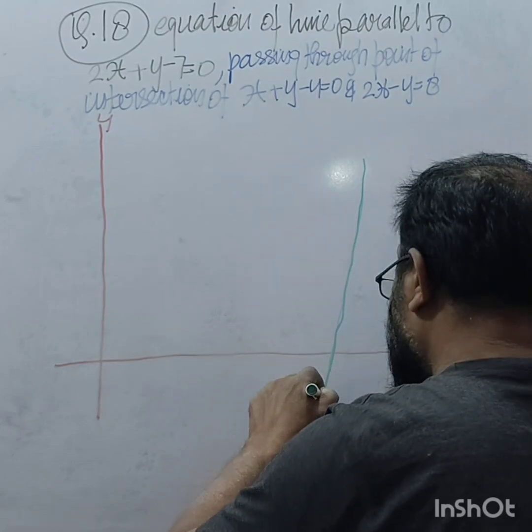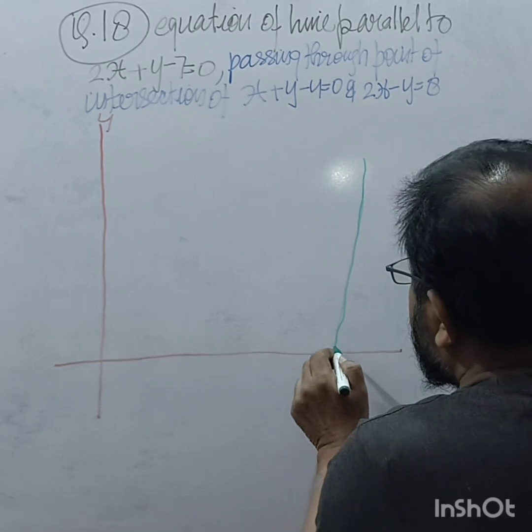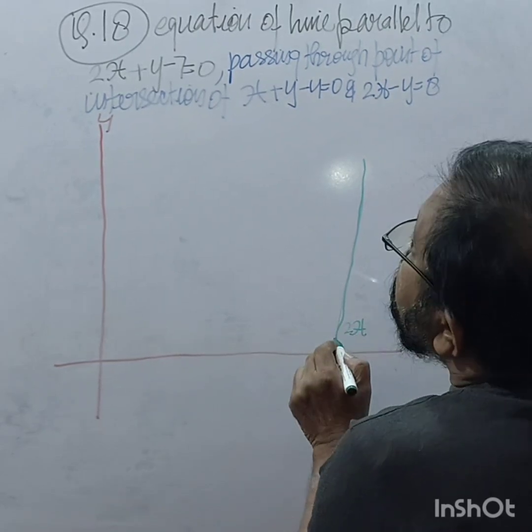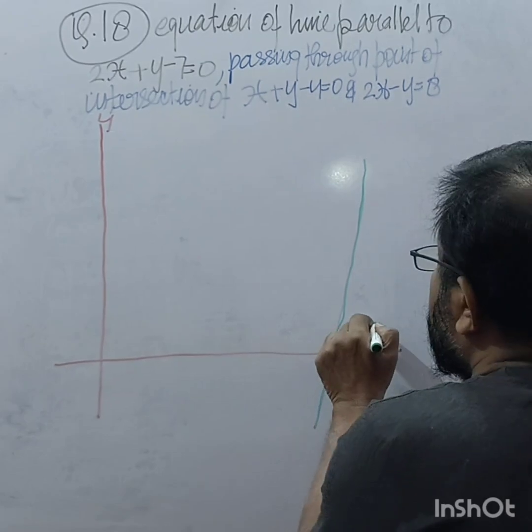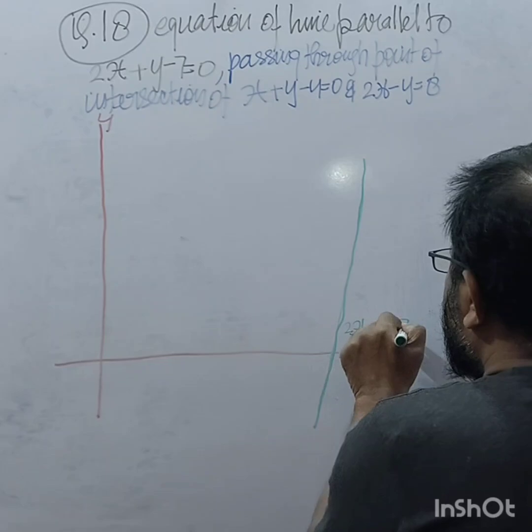This is the line which is 2x plus y is equal to 7.